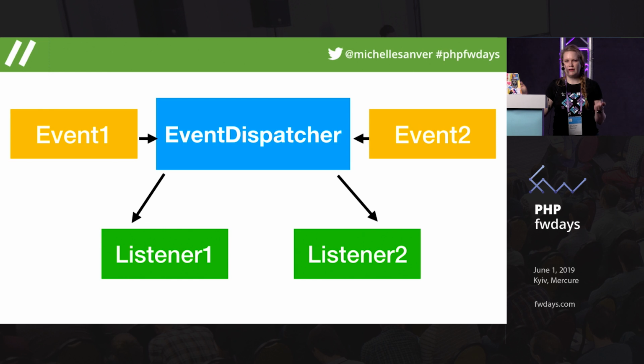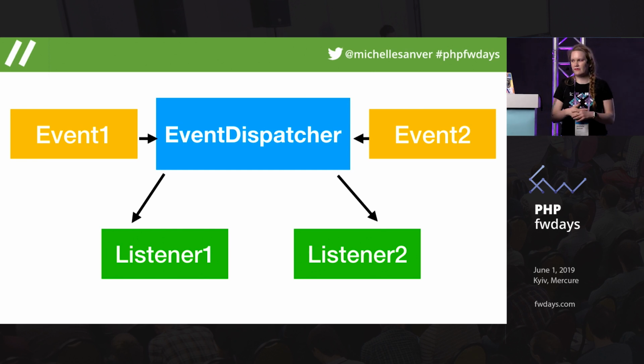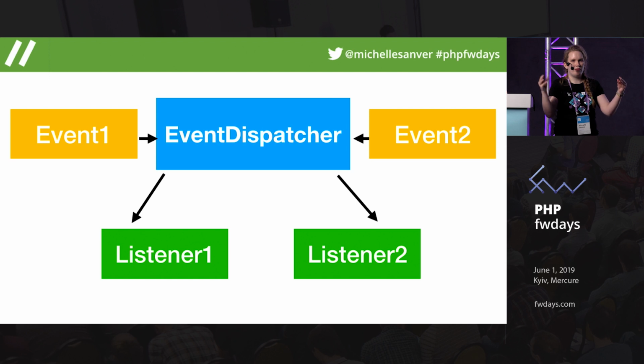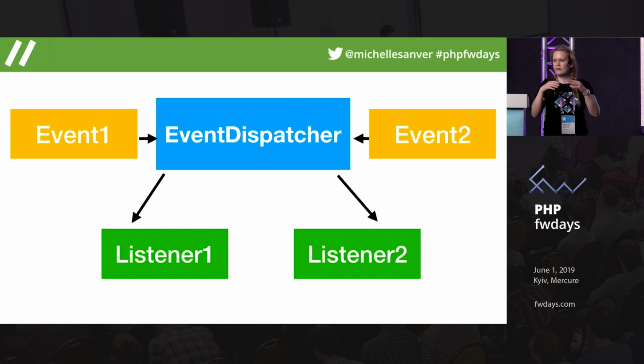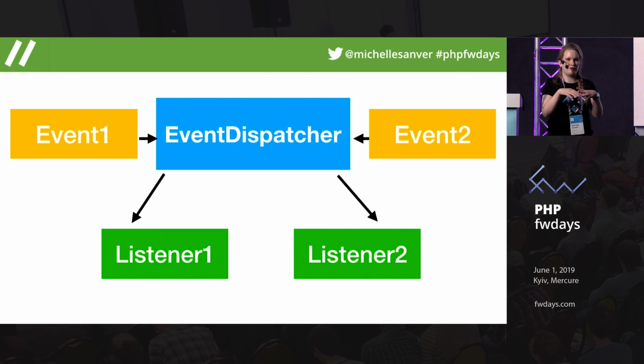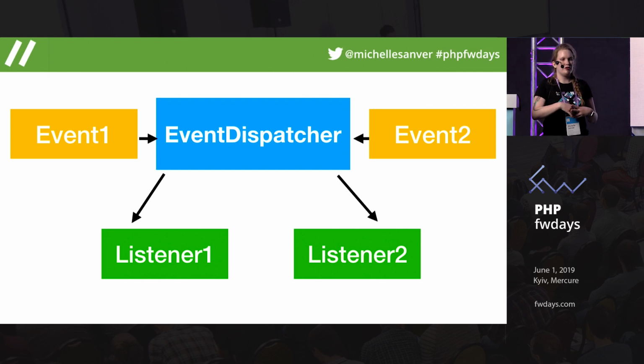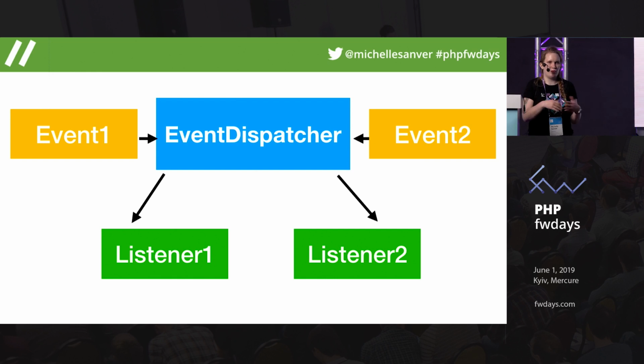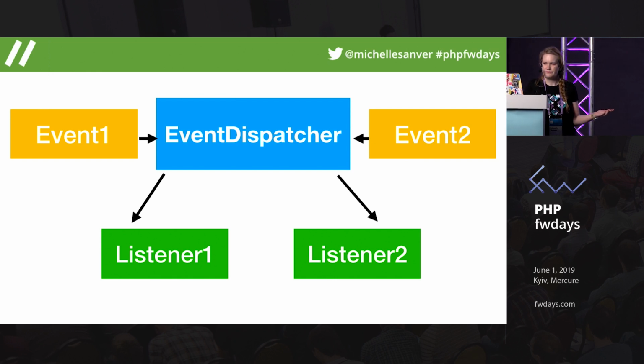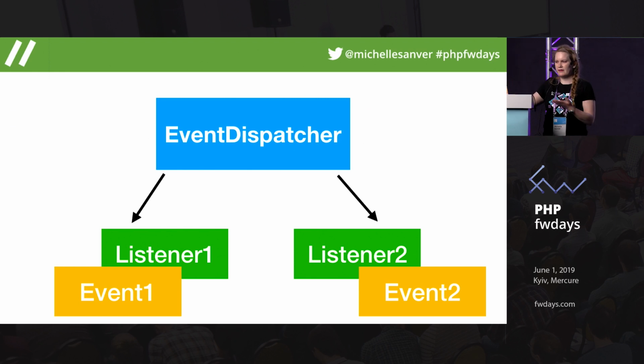So when event 1 and event 2 come, listener 1 has said, I listen to all event 1s, and listener 2 has said, I listen to all event 2s. And so all of them go to the event dispatcher first, and the dispatcher's job is to give it to all the listeners, and they do whatever it is they do. Exactly. They go there, and they run the code.